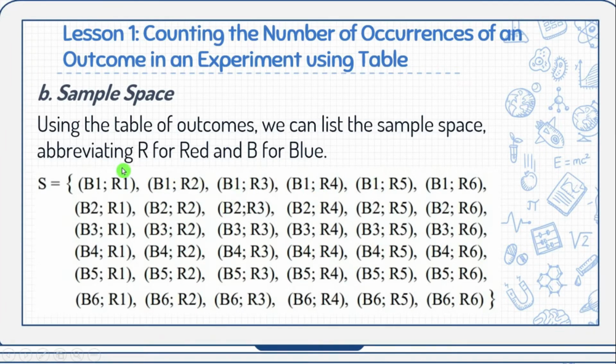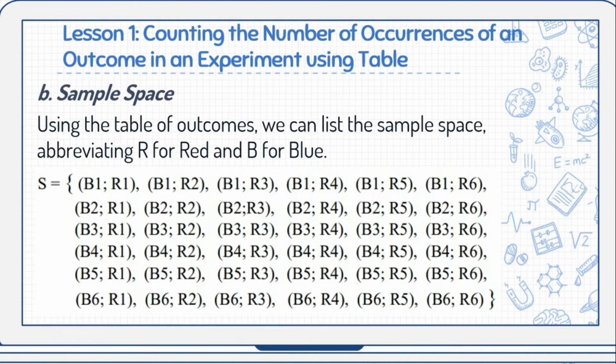Tapos, we will do this one. We have S stands for sample space is equal to, we have this bracket. Lahat ng mga possible outcomes nilagay natin dito sa loob ng bracket. So, sila po yung sample space. Okay? Tapos, yung R is for red, yung B is for blue.